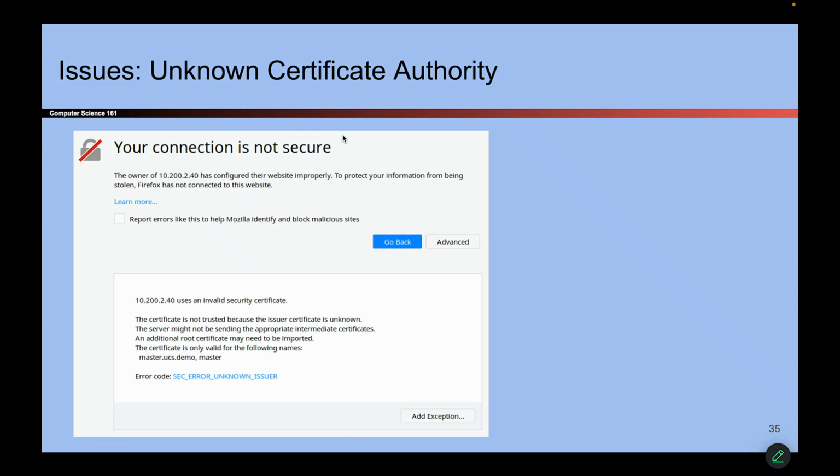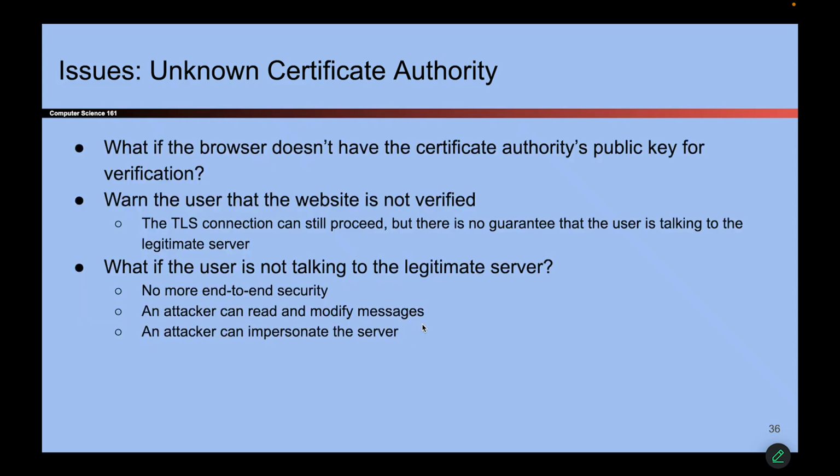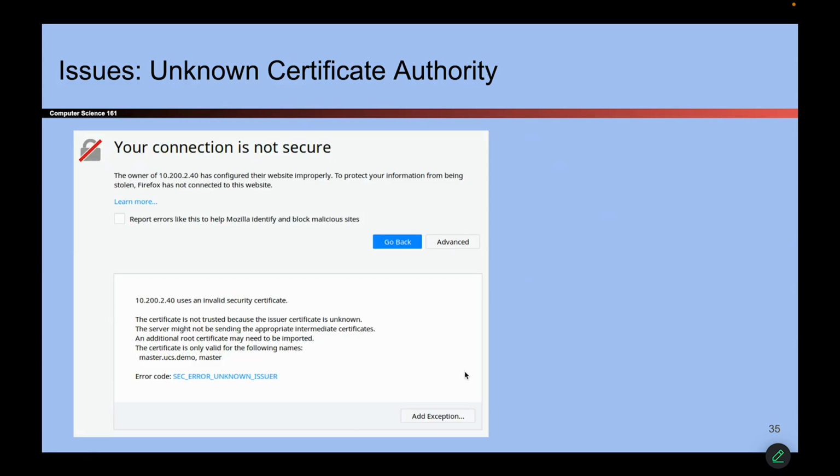And maybe you've seen this warning before when you tried to visit a website and it's improperly configured. One possible reason that this warning pops up is because the server sent a certificate in TLS. It's signed by a third party, but you have no idea who the third party is. Do I trust them? Do I not trust them? I don't know. So you get this warning, and the user has to deal with it.